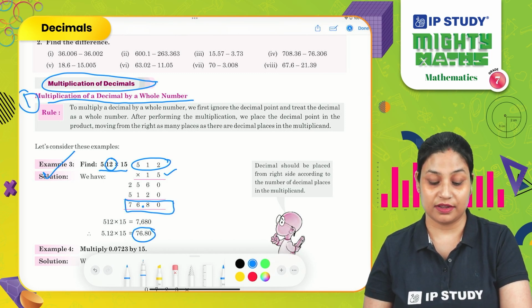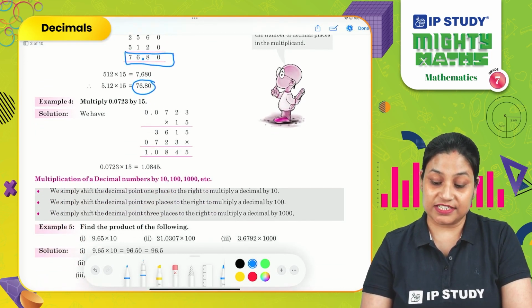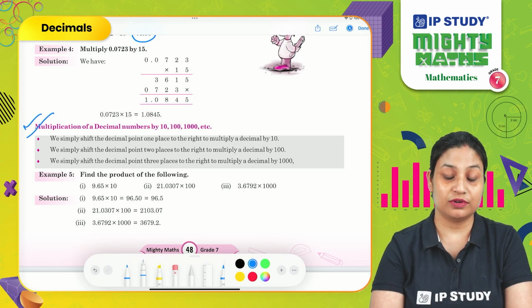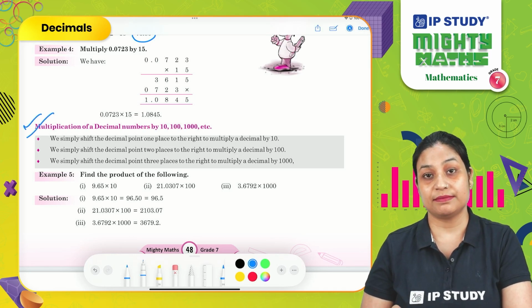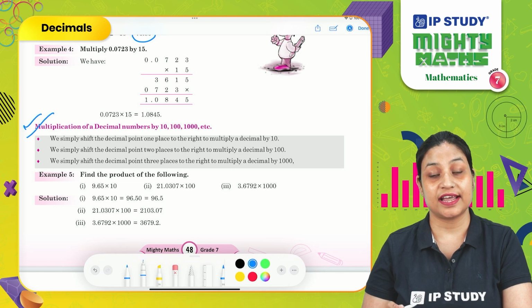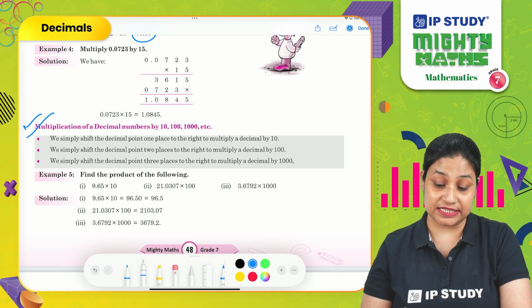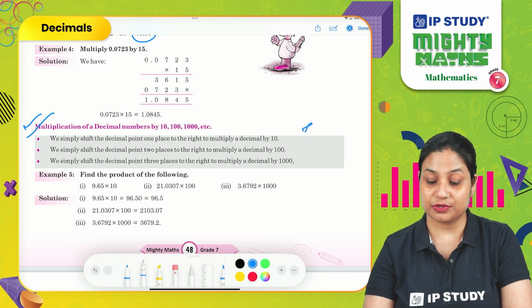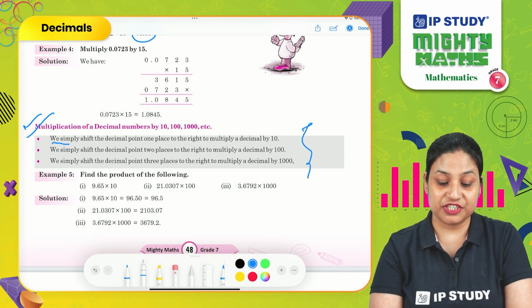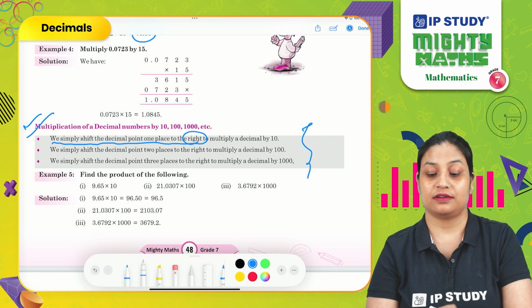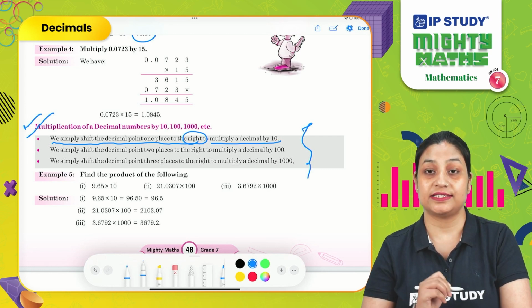I hope you have understood this example, which is telling you how to multiply a decimal number by a whole number. Now let's take another scenario, the second case. In this case, we are going to learn how to multiply a decimal number by 10, 100 and 1000. In order to do so, let's see some rules over here. Let's read it together. We shift the decimal point one place to the right to multiply a decimal by 10.